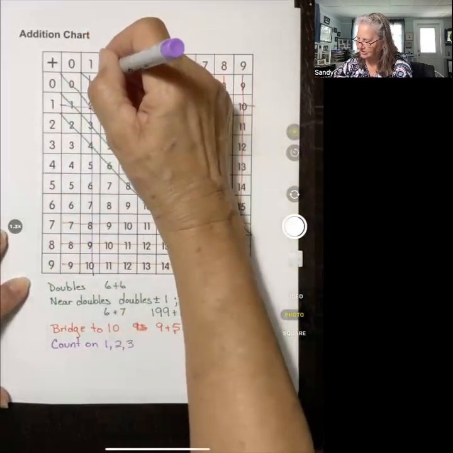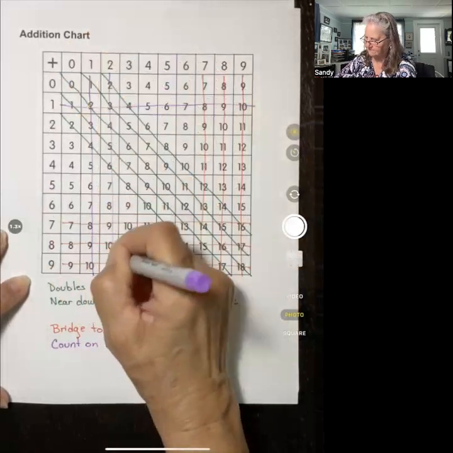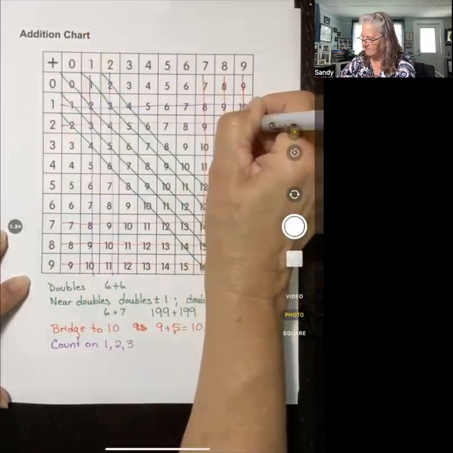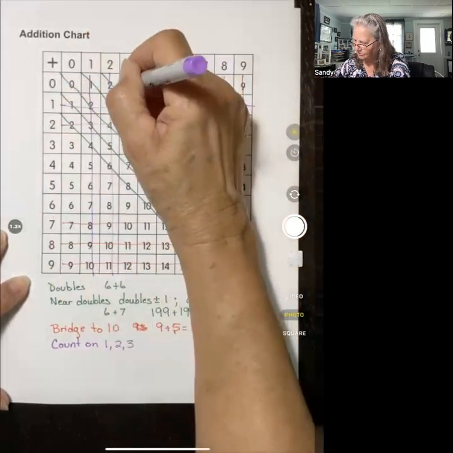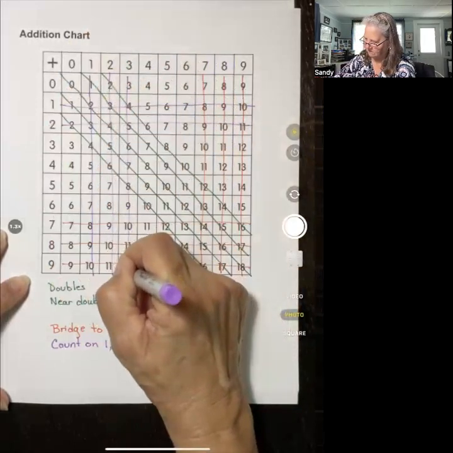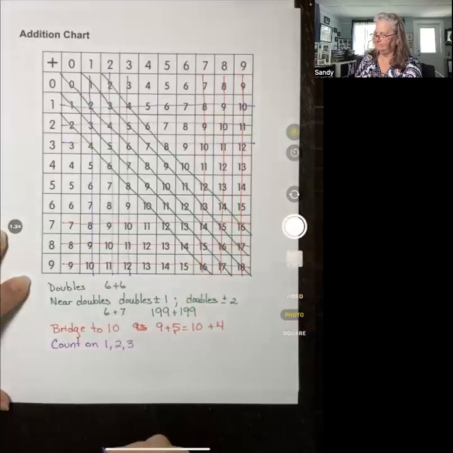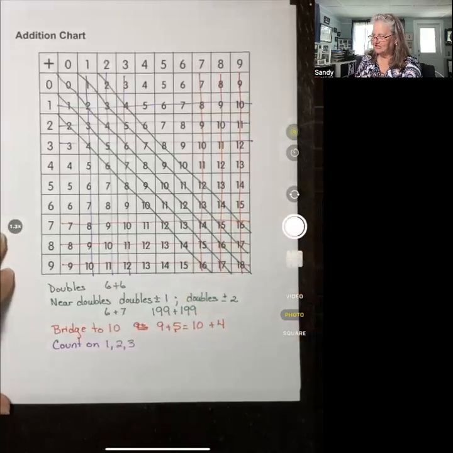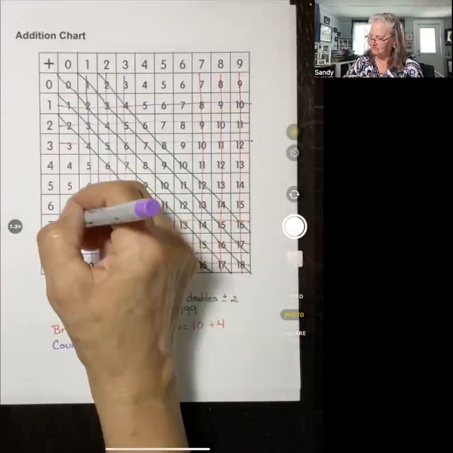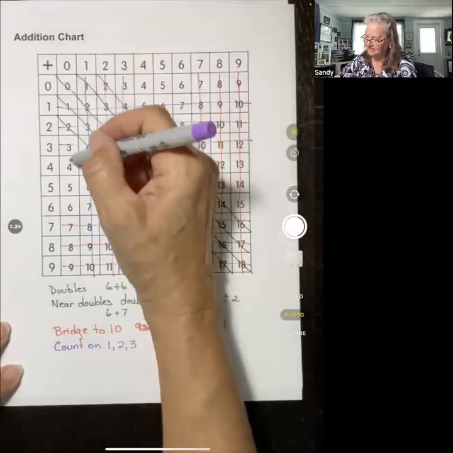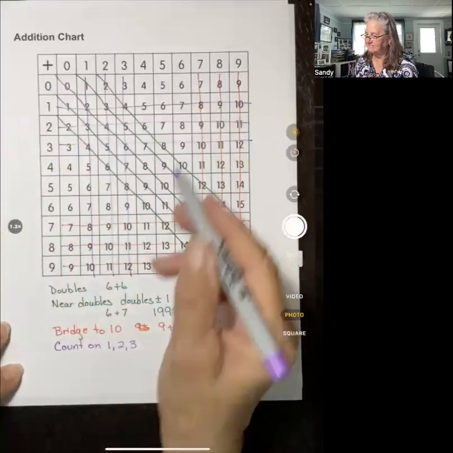If we count on 2, and if we count on 3, okay? Now notice our chart's almost covered. There's just a few, but do you see what column these are in? +0.